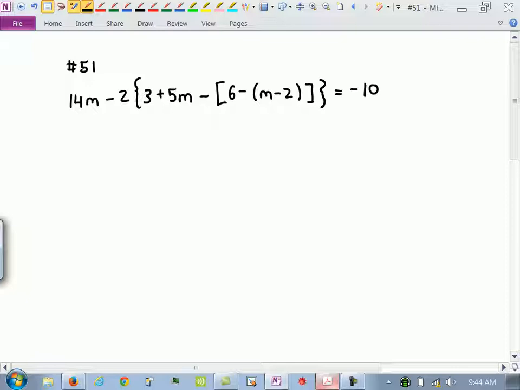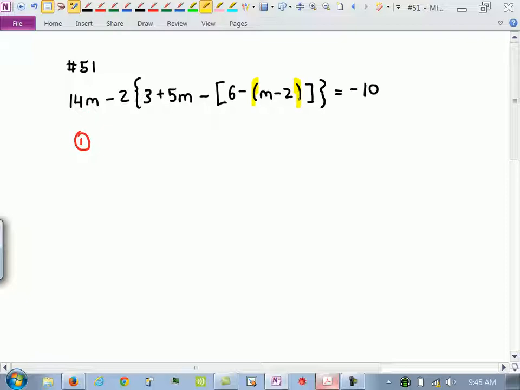Okay, so on this problem, same thing. It's a linear equation, one variable. Oh, sorry, we didn't talk about that last time. Linear equation. We have our variable m. It's raised to the first power. We're happy. Okay, so first step is to remove grouping symbols. I have braces and then brackets and then parentheses. So I'm going to look at the parentheses first and try to remove those.